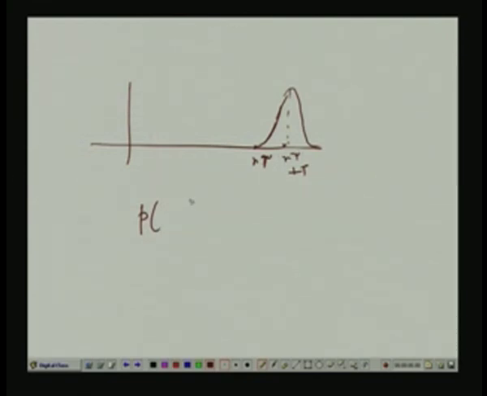That means P of the center point minus k tau should be equal to 0. k can be both positive and negative. This is called the zero forcing condition, like a Nyquist pulse, the sinc pulse for that matter.